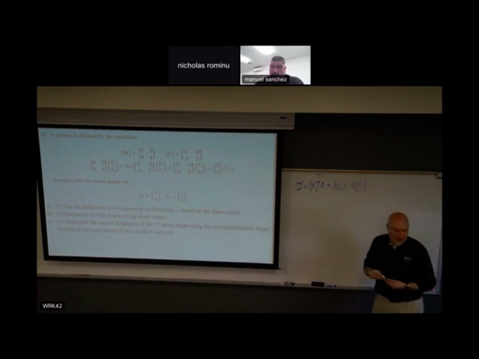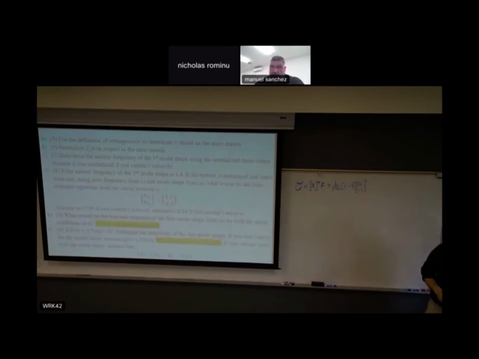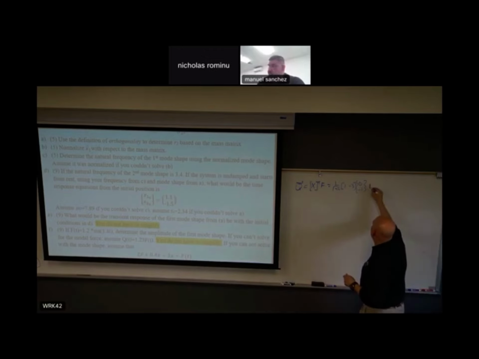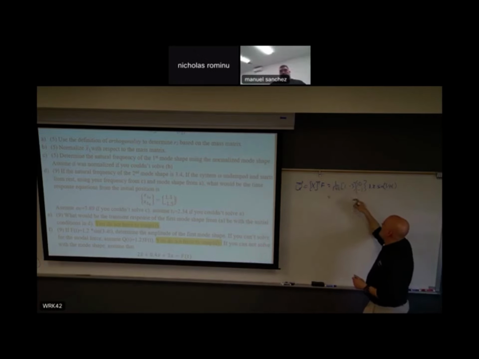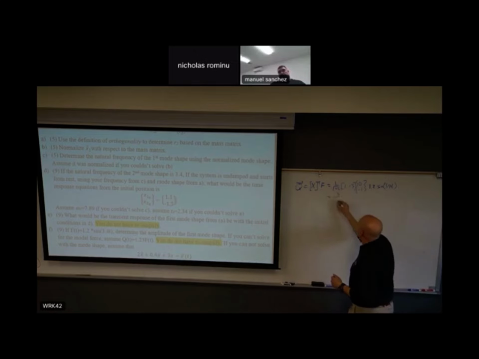And then our actual force is 1.2 sine of 3.4t. So that's equal to 1 minus 3 over the square root of 42 times 1.2.